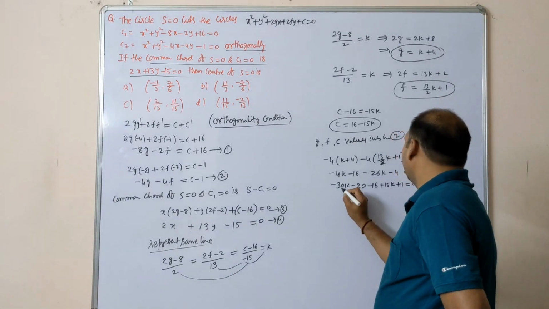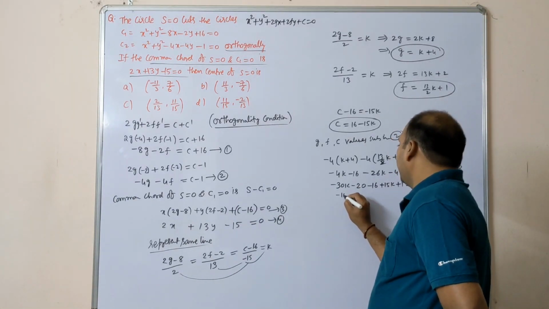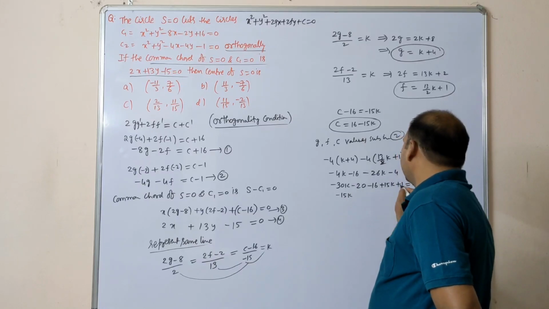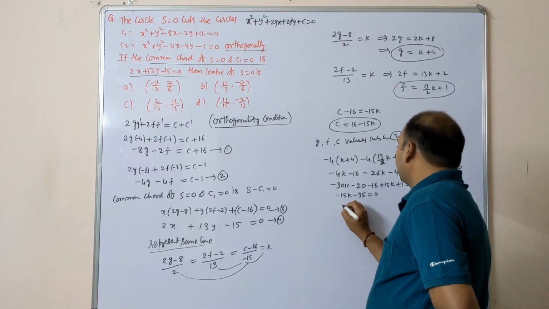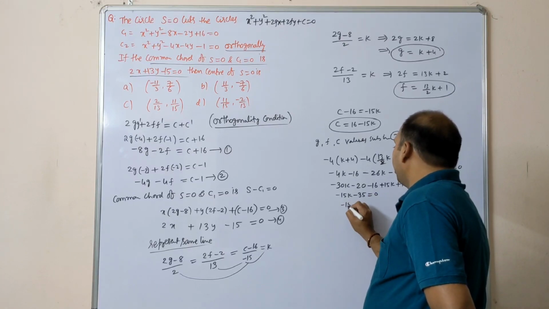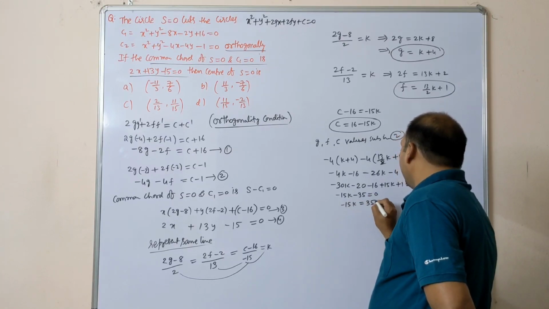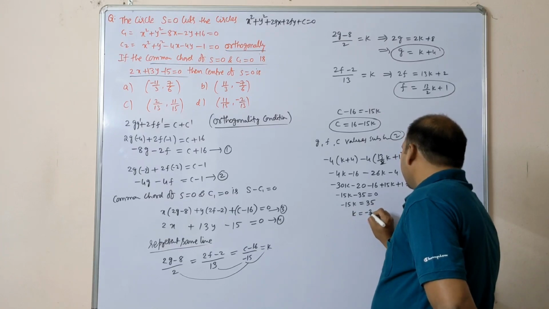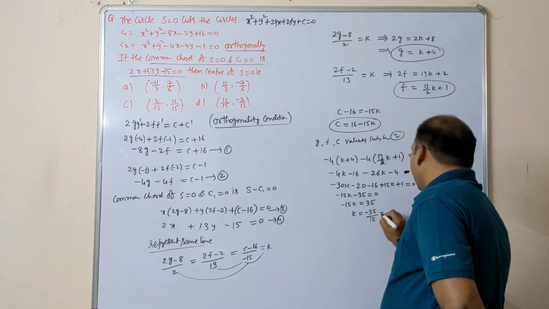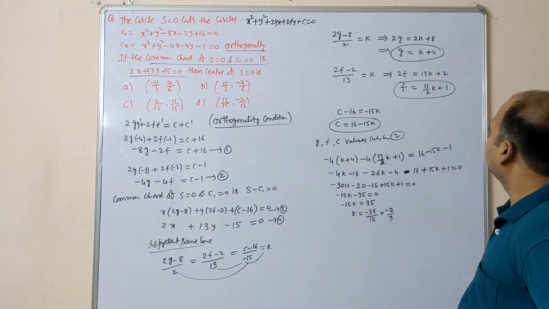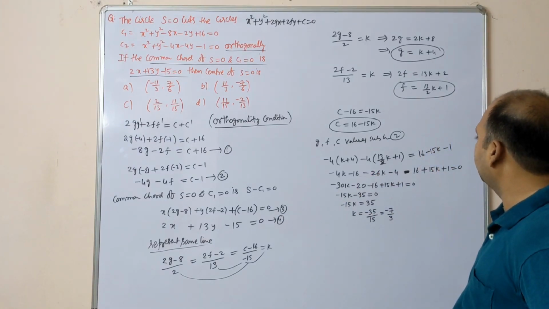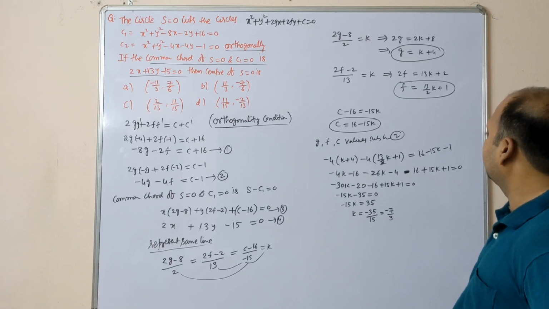Correct only. So minus 15k, this is minus 36, and minus 35. So minus 15k is equal to 35, k is equal to minus 35 by 15, which is minus 7 by 3. There is no alternative for this now. So the k value.